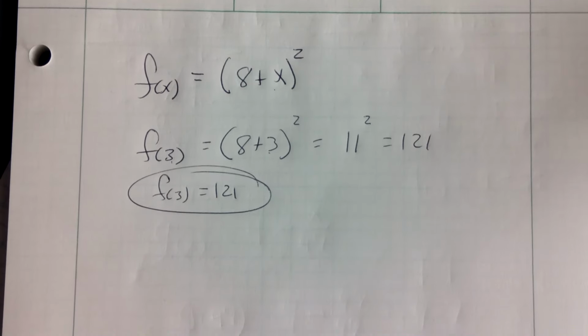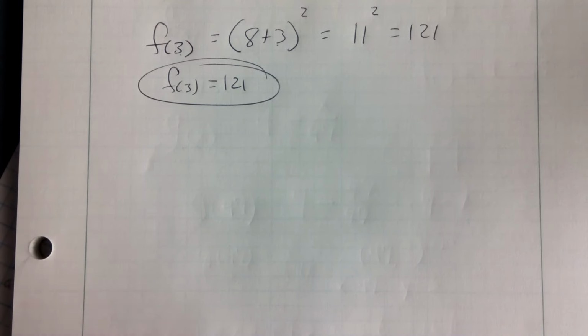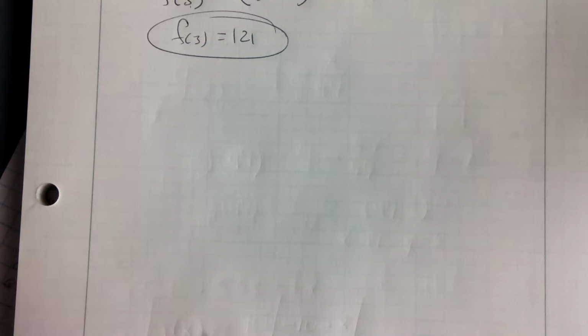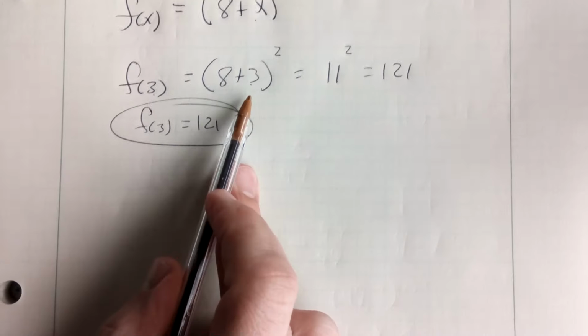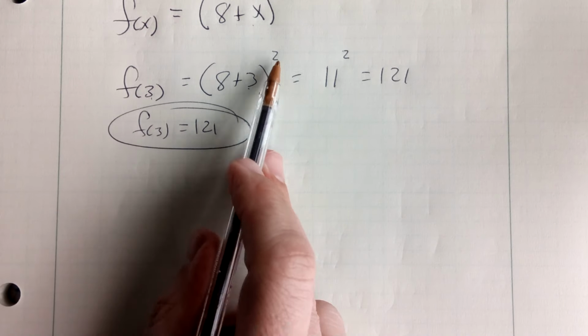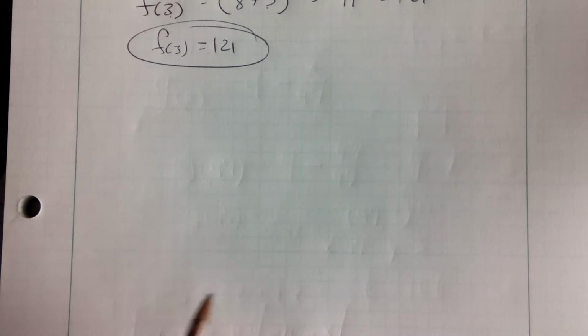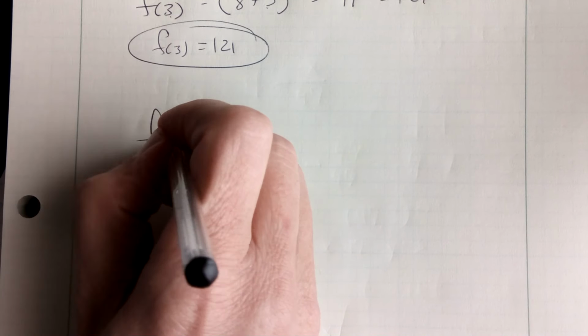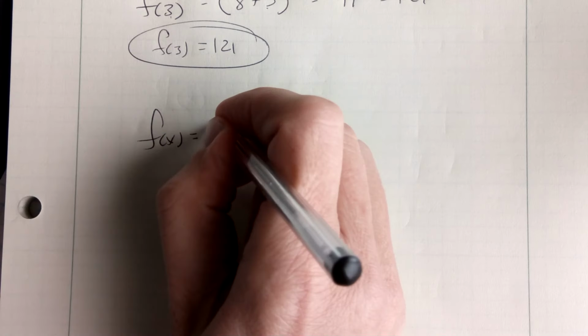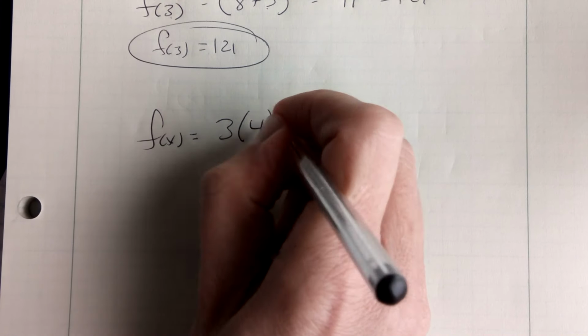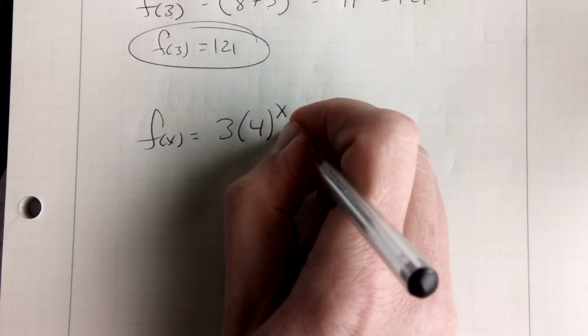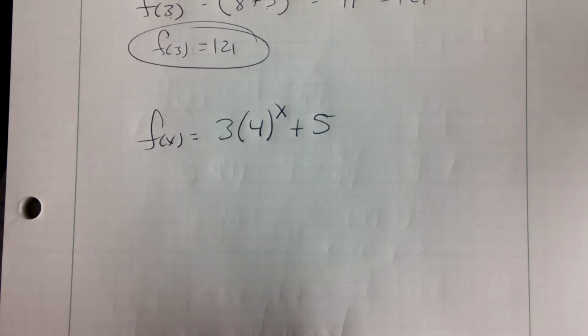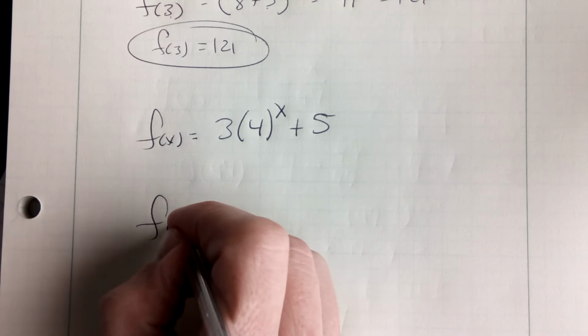And you're done. This is kind of a quadratic, which we'll talk about later in the year. But just plug in the numbers and evaluate. They might give you something like f of x equals 3 times 4 raised to the x power plus 5, and then ask, what is f of 2?